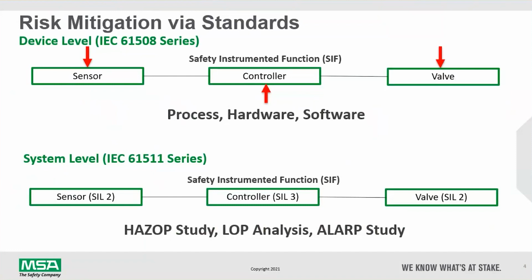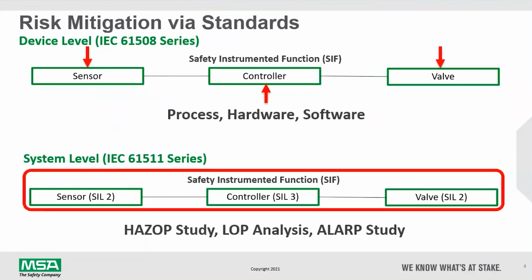And then there's a system level standard, the IEC 61511 series, and that takes the safety instrumented function and assesses the combination of the devices and implements hazard and operability study, layer of protection analysis, and as low as reasonably practicable studies.